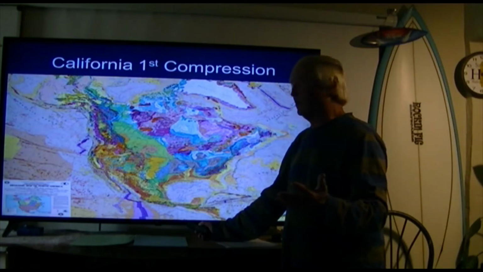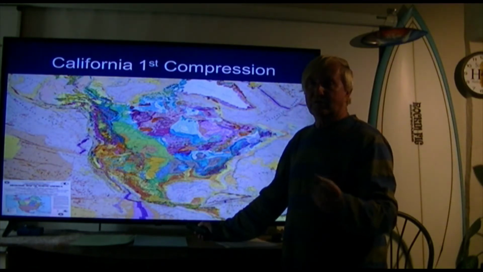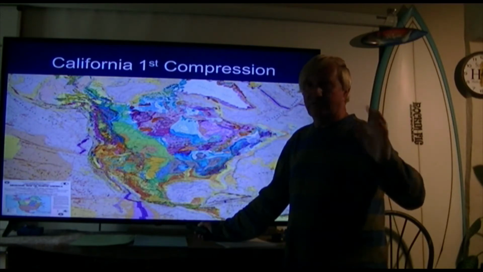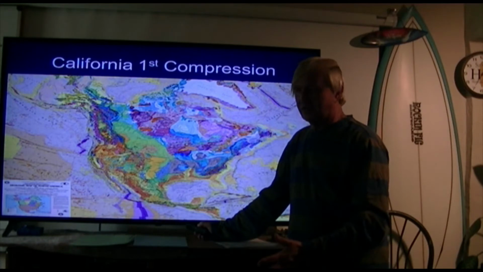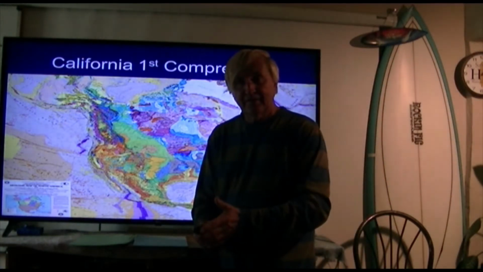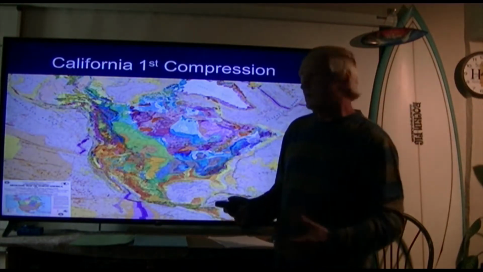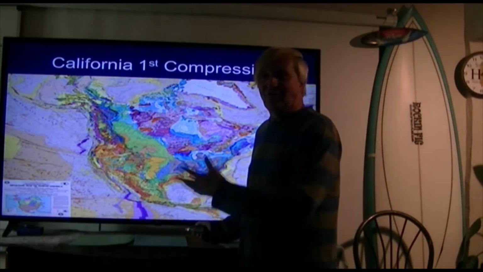It was basically what we call the Atlantic type of continental boundary, where it was the trailing end of a continent, no tectonic activity. And then that kind of abruptly ended about 200 million years ago, and California since then has seen compression and extension. So basically California has been subject to all of the forces.